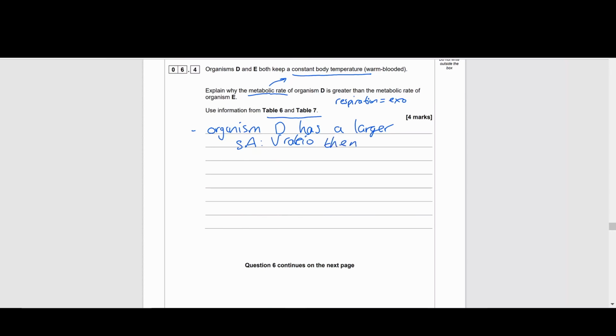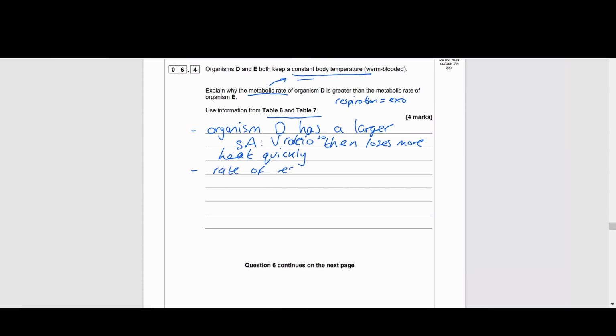the organism D will then lose more heat quickly. So if it's going to lose more heat quickly, then it needs to keep that constant body temperature.